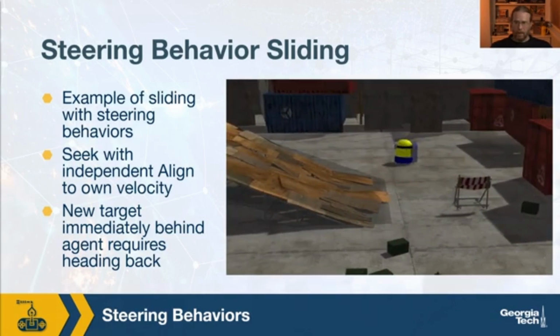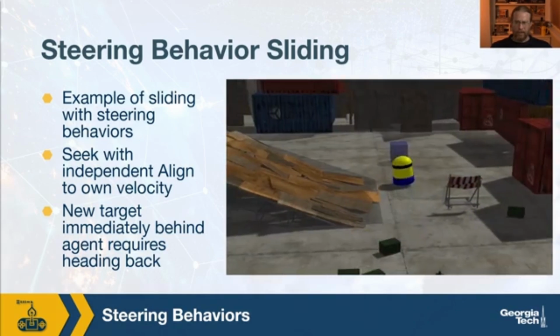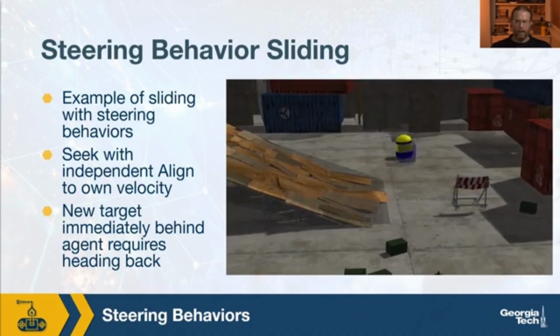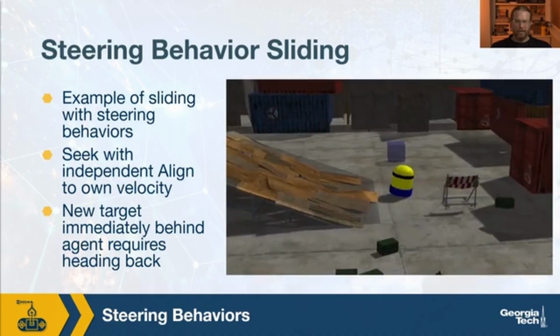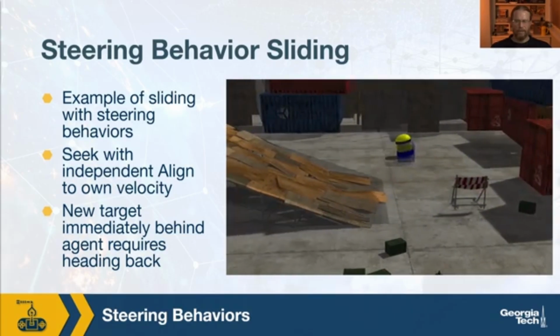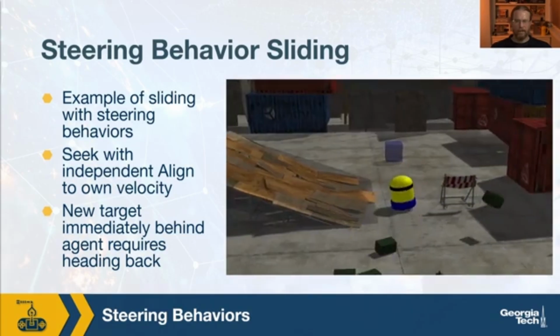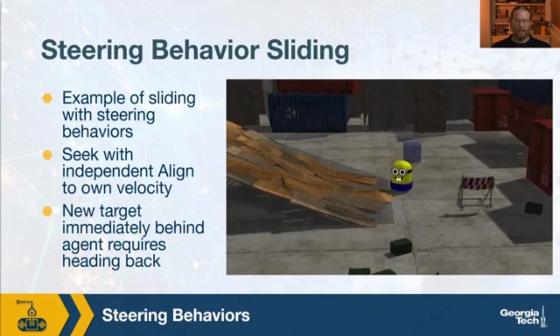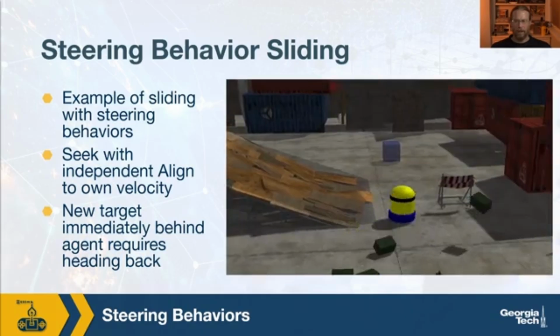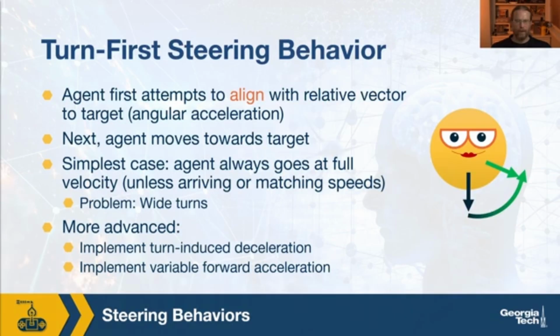So if instead we required the agent to always orient towards where it wants to go, in this situation, what would happen is, assuming the agent maintains the current full speed forward, it would start to turn. It would take a wide circular turn, and that would probably look a lot more natural.